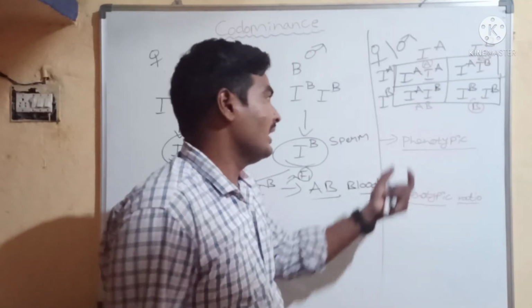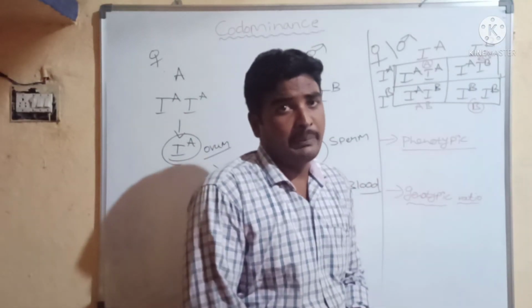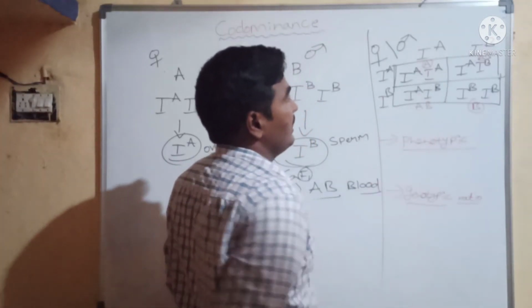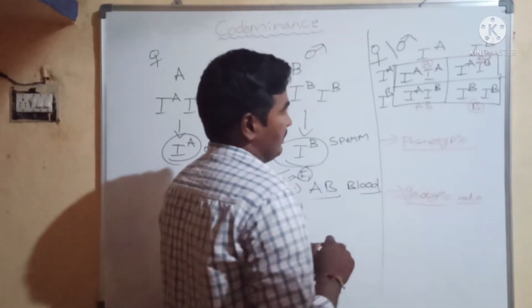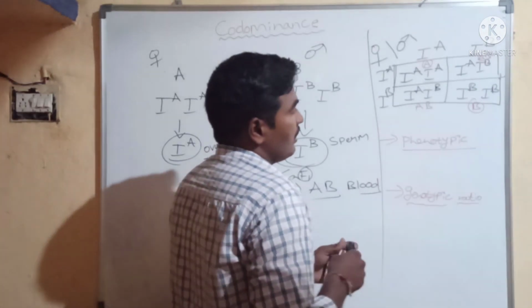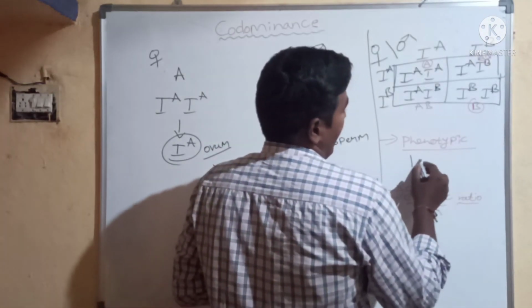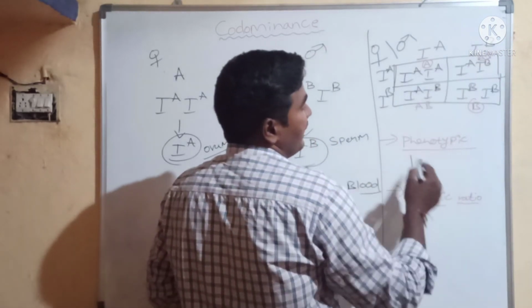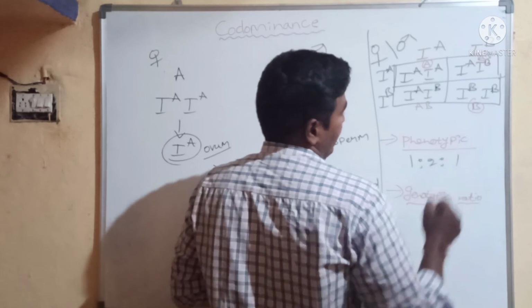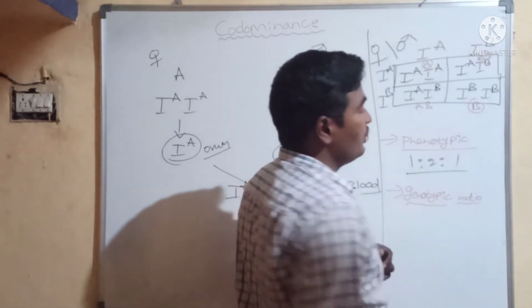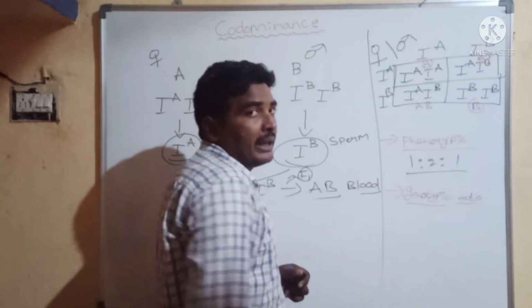How can we calculate them? A blood group is how many? 1. AB blood group how many? 2. And B blood group how many? 1. So the phenotypic ratio is 1:2:1.